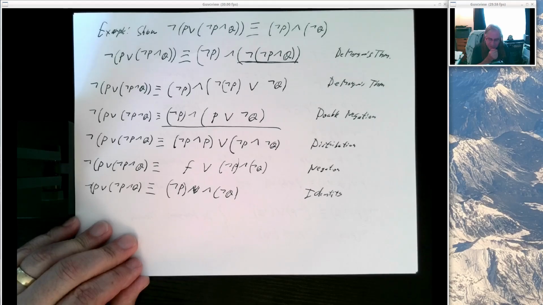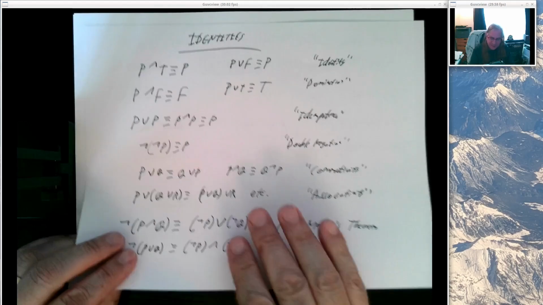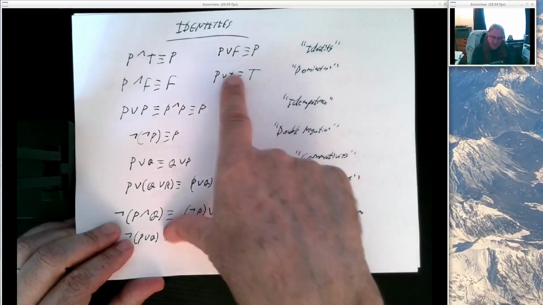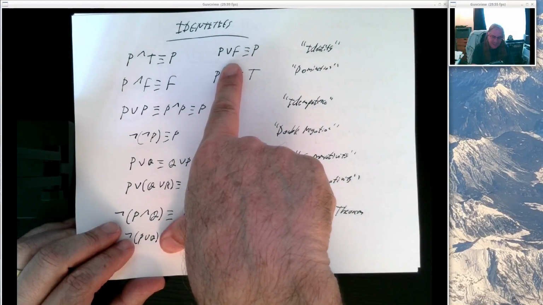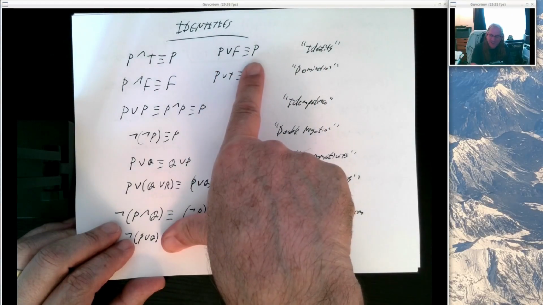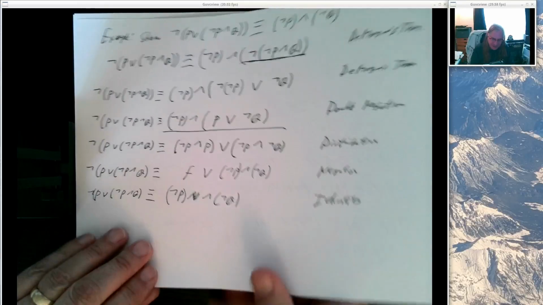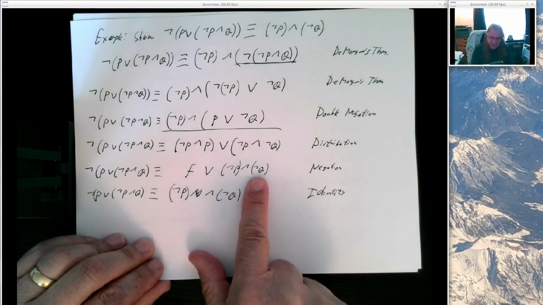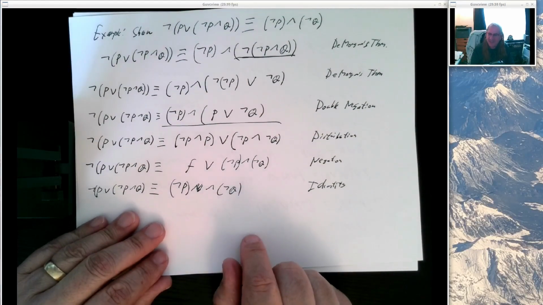And one final detail, you'll notice that this identity property actually was not F or P. It was P or F is equivalent to P. But here I had F or this thing. I kind of skipped a step.